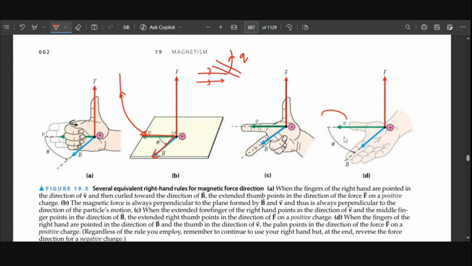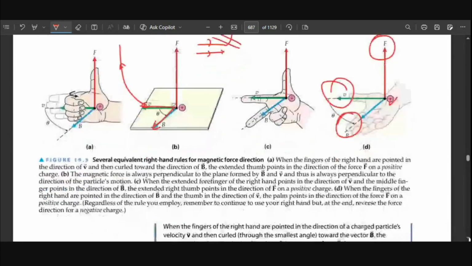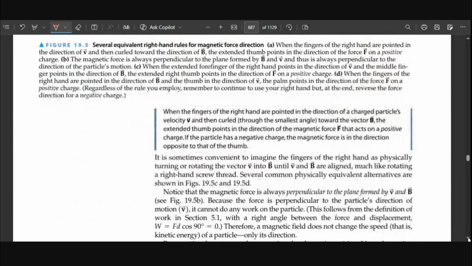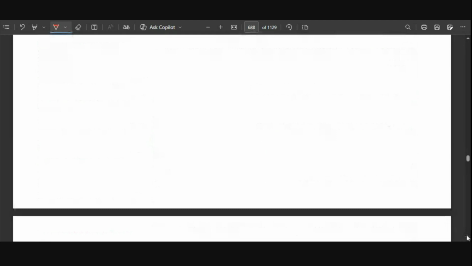In whichever direction it was initially moving, just place your thumb in it. The forefinger will give us the direction of the magnetic field. And ultimately, in whichever direction your palm is pointing, this will give us the direction of force. So that is the formula which you can remember and use to find out the direction of magnetic force.